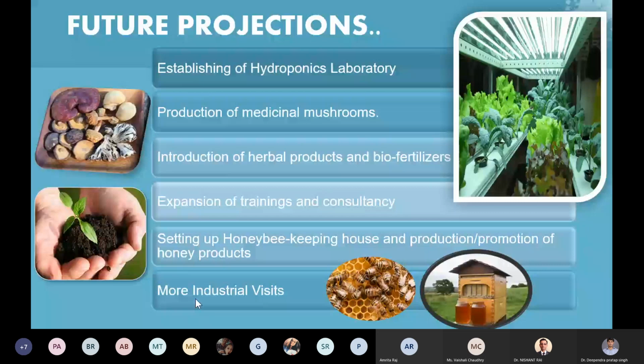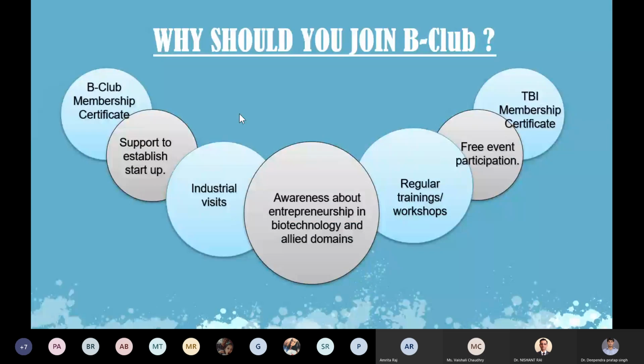So why should you join the club? There are multiple benefits of joining. There is the food technology group, there is a rural development group also, and there is the Biopreneurs Club. Then why should you join the Biopreneurs Club? First, you will get awareness about entrepreneurship in biotechnology and allied science.